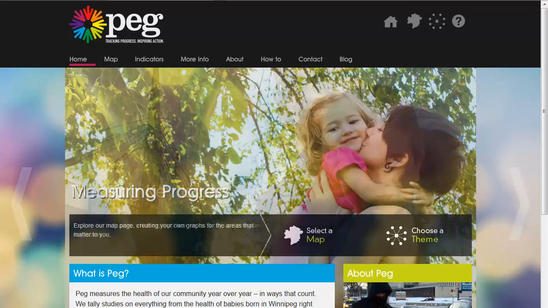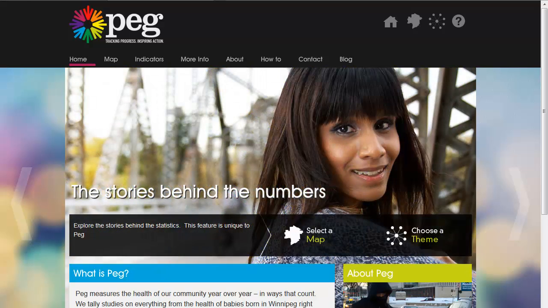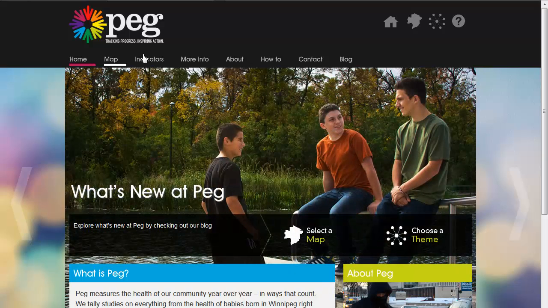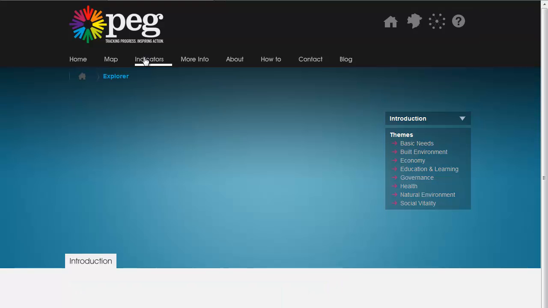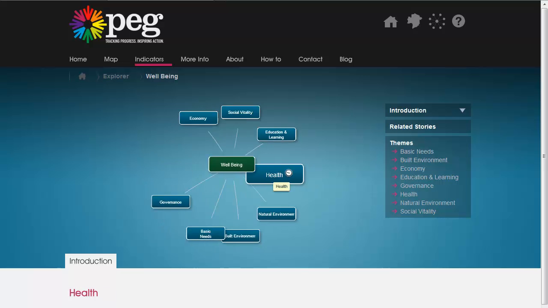Its purpose is to present and engage local publics in the Winnipeg area with indicators of well-being and sustainability for the community. Its information is contained within a number of indicators: education, economy, governance, health, and so on.